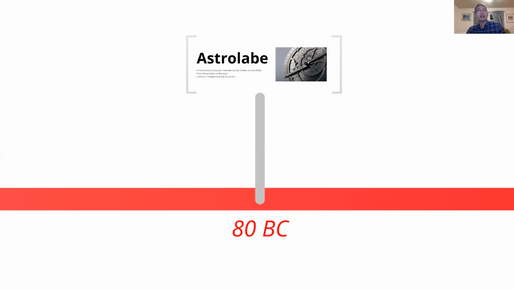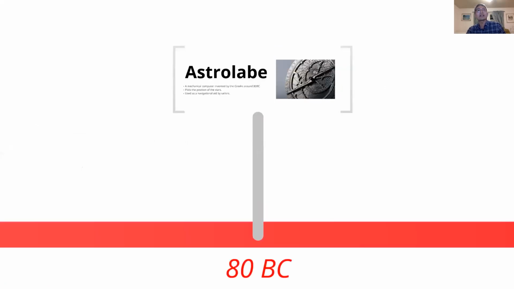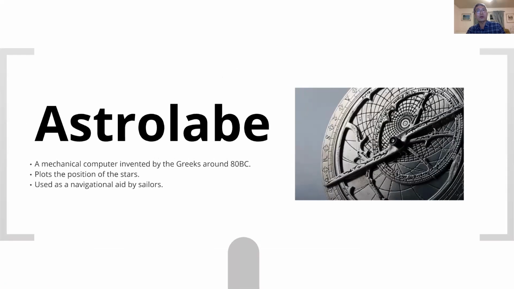So around BC and AD, like 2,000 years ago, this is one of the most popular devices. It's called the astrolabe. It's a mechanical device. When people found this device, it was not fancy or nice. They dug it out of the ground and it was really squeezed.